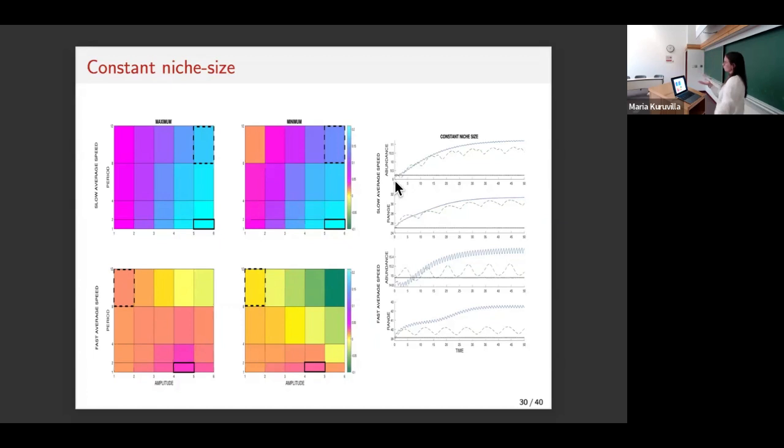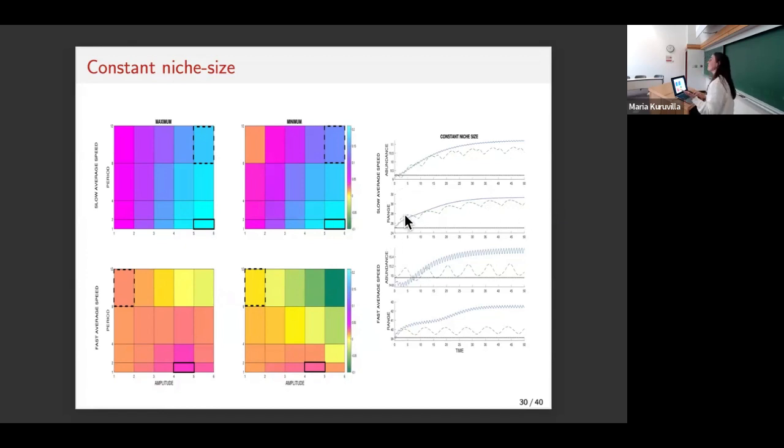We have this large trailing edge, but we're also periodically going back to it, which means that individuals who are left behind are repeatedly given opportunities to contribute to growth again. But we still also have that reduction in competitive pressure. And so we now have a kind of hump shape for our total population as a function of amplitude as well.